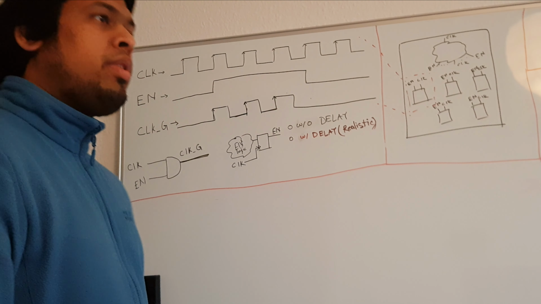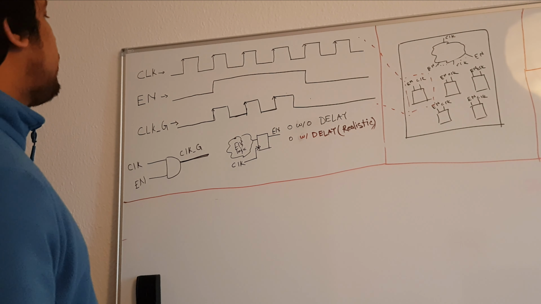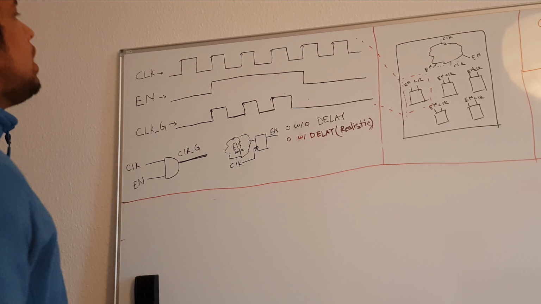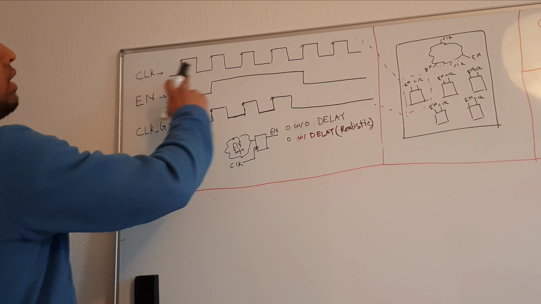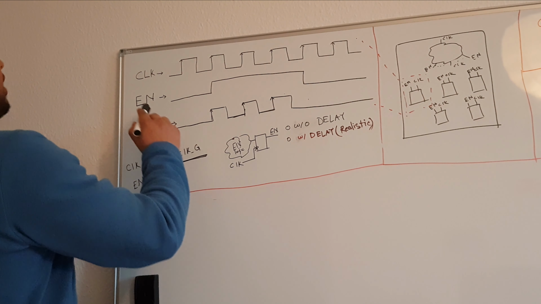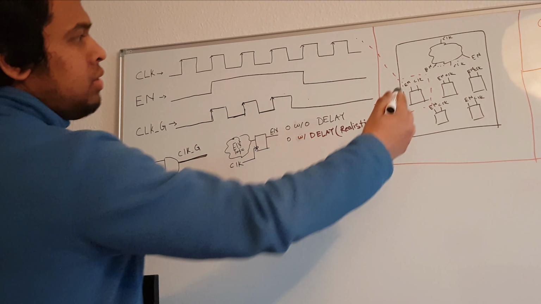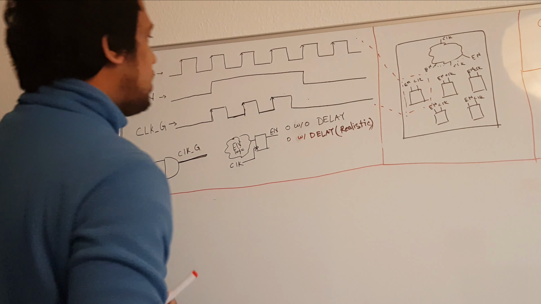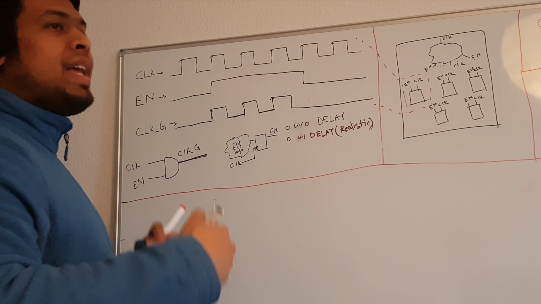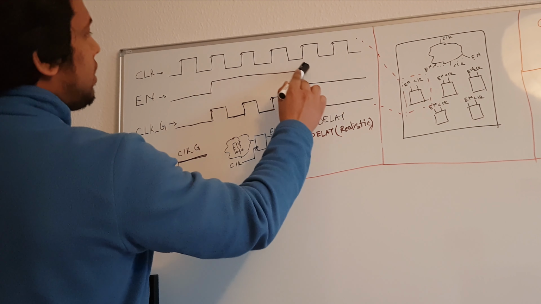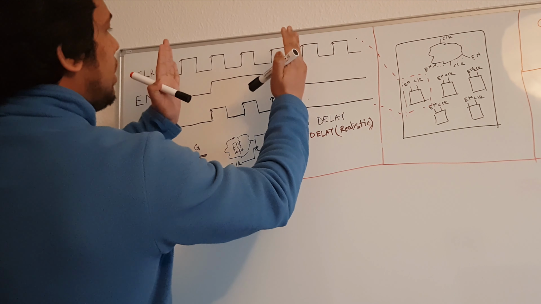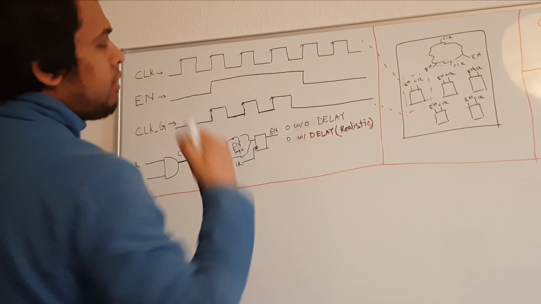All right, now let me show you an example in the form of a clock waveform. Here we have a main clock which is always toggling. Let's say one module in our design is only activated during this part, and that is why the enable signal is high for this part of the time frame.